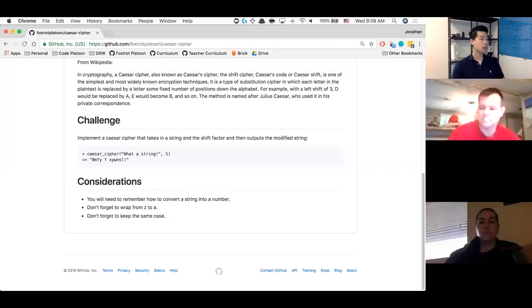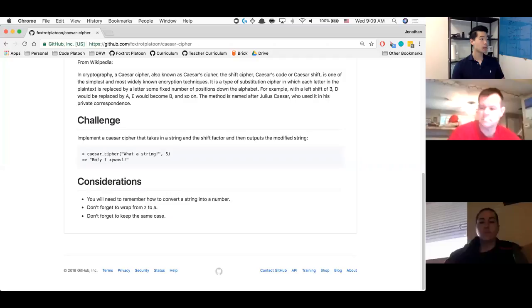I'm going to split the string or iterate over it, whichever one you want, to get an individual letter, and then run this algorithm through it.